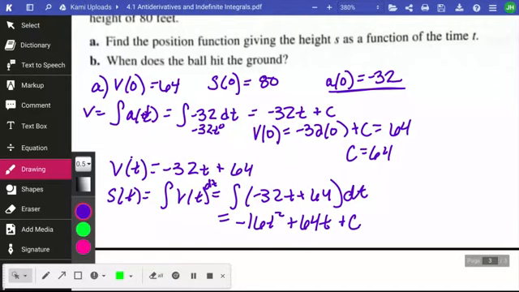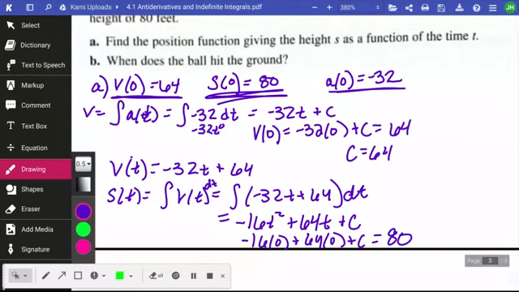Now to find c, I will use this initial condition, that says when I plug in 0, the position function is equal to 80. So then C is 80. Often they'll require a little more work to solve for C, but it's kind of nice that it's not that bad.